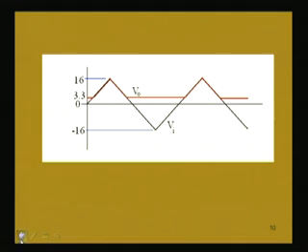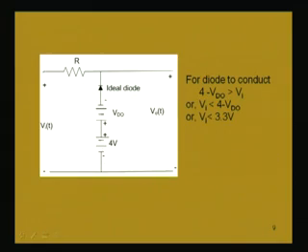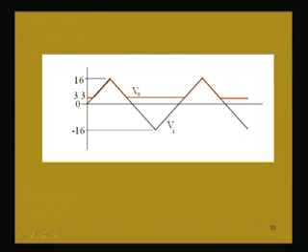When the diode does not conduct, that means the input voltage is greater than 3.3, it is like an open circuit, and the output voltage and input voltage are equal. So, we get the output voltage and input voltage just overlapping, for the reason that the diode does not conduct.